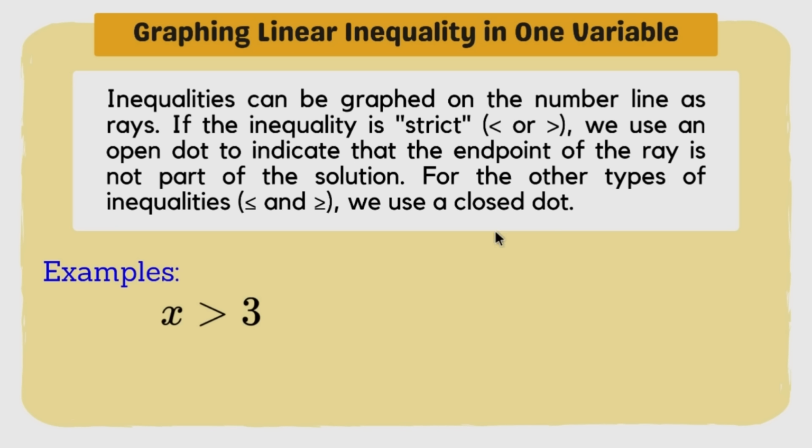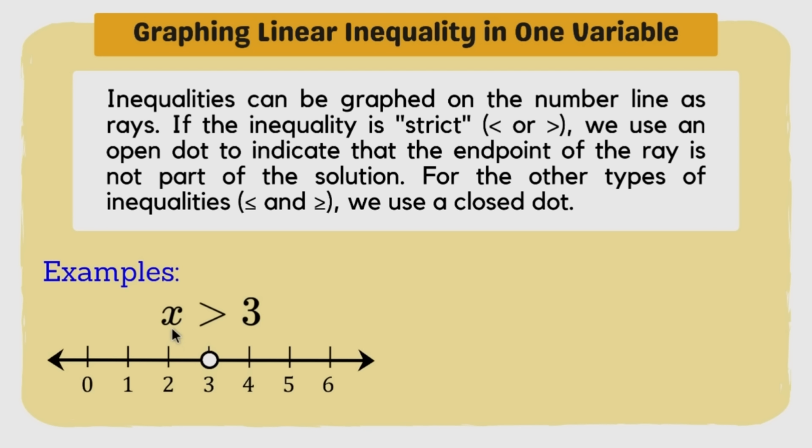Okay, ito po yung unang example natin. Let's have x is greater than 3. Paano po natin yan i-graph using the number line? First, gagawa tayo ng number line. As long as yung number line natin ay papakita natin yung ating number, pwedeng mas mahaba or pwedeng mas maiksi. Okay, we can have the dot here. Take note, open po yung dot natin, kasi nga po, we are now having a strict inequality.